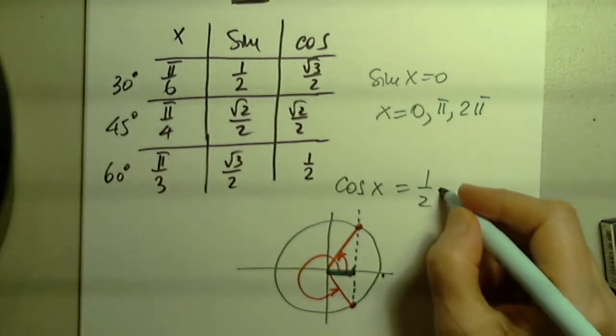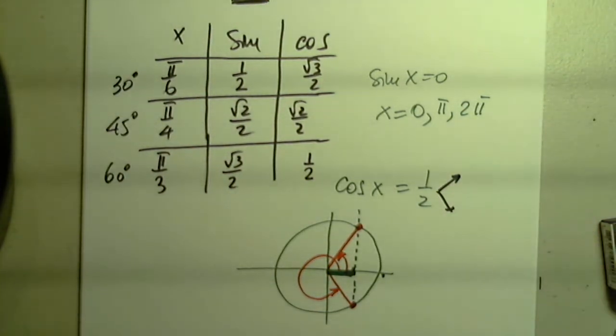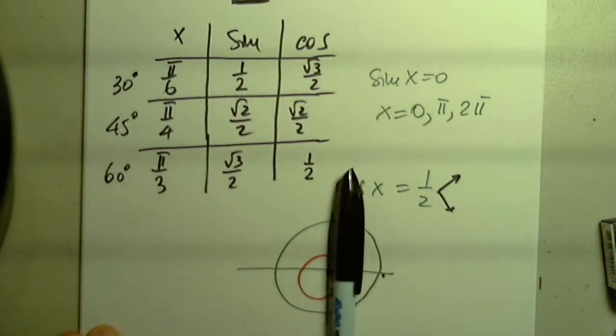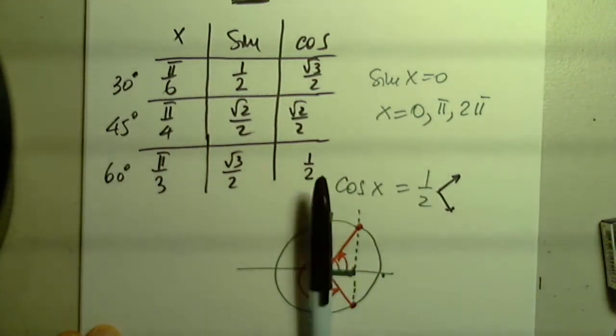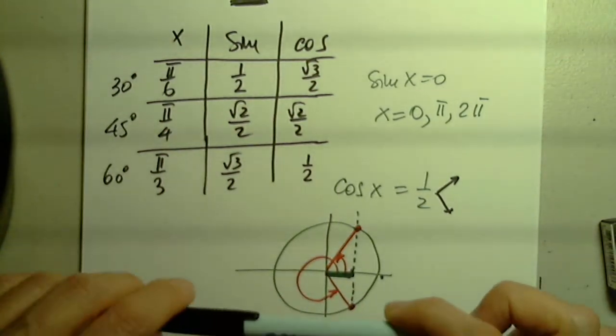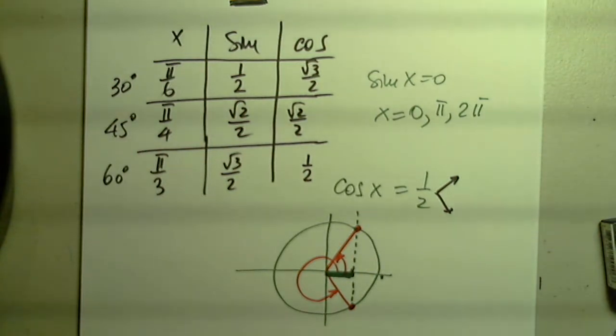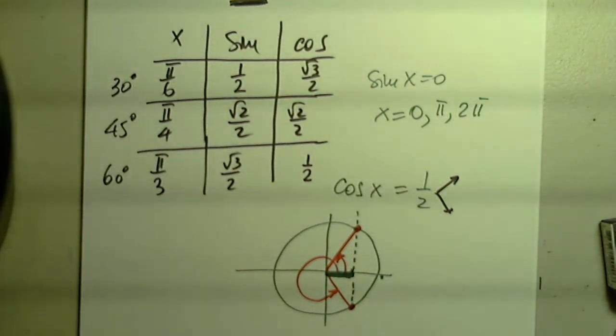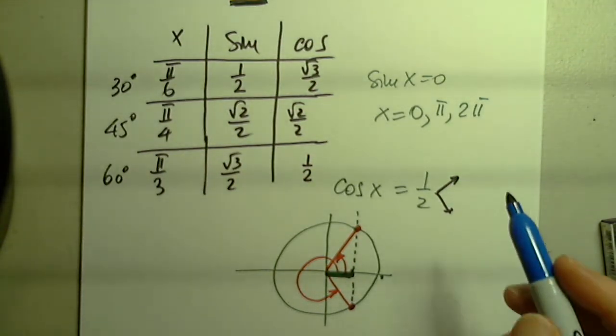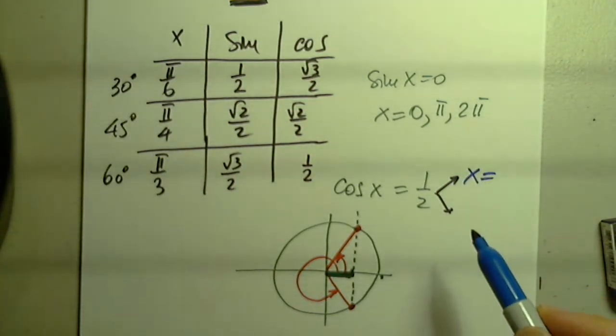So can anyone tell us those two angles with cosine 1/2? Because cosine is measured on the x-axis, it is positive here and negative here. Sine, again, positive here, negative here. But we're talking about cosine 1/2. What is the angle that has cosine 1/2? 60 degrees.